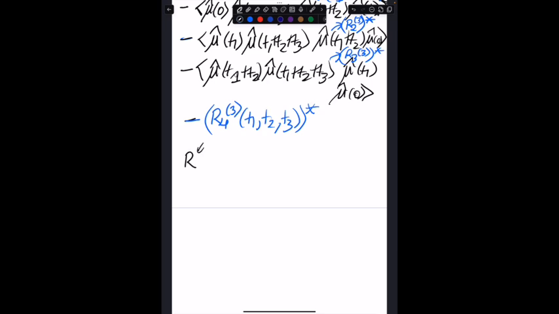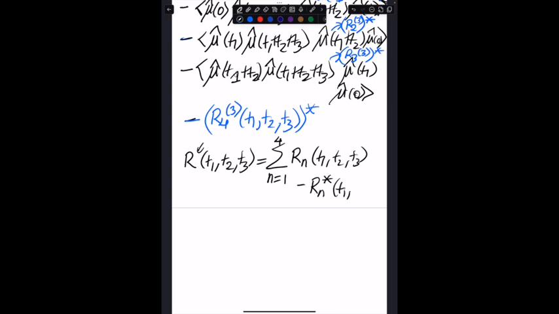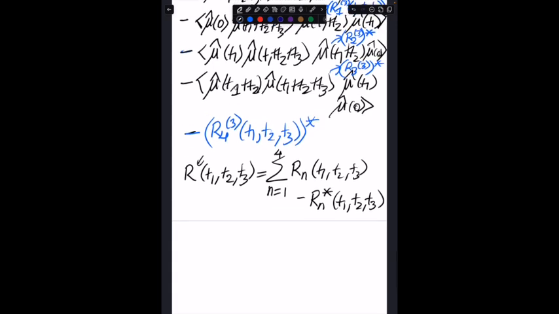So your response function is of the following mathematical structure, where you have n going from 1 to 4, and then you have Rn(t1, t2, t3) minus Rn star (t1, t2, t3), where R corresponds to your response functions.